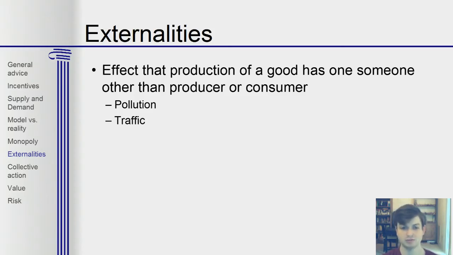Traffic is another example. When you drive on a road as a result of having purchased your car, right, you get some benefit and some cost and so forth, but you also slow down the drive for everyone else by causing traffic, so that has an effect on everyone. They don't have to be bad.